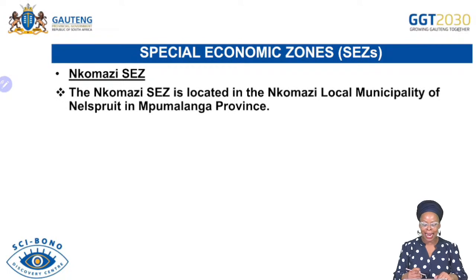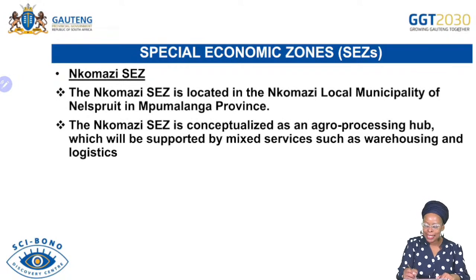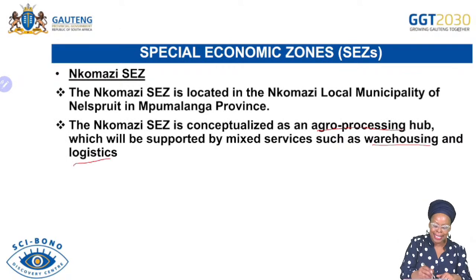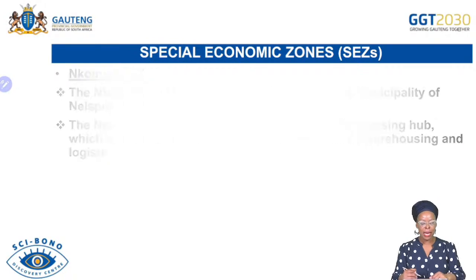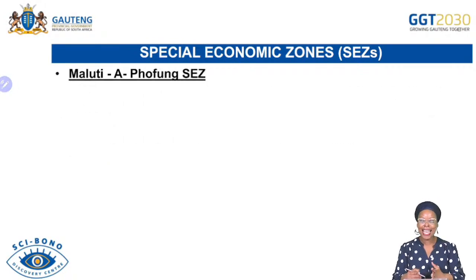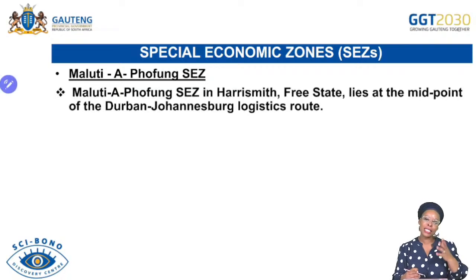In the Mpumalanga province, and it focuses on agro-processing, and it is supported by mixed services such as warehousing and logistics. We have another SEZ. They are 11, guys. Maluti Apofung SEZ, which is found in the Free State province.